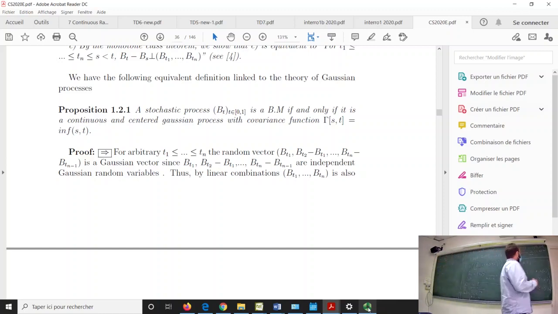So the mean will also be 0. Why? Because I know that the expectation of all of them is 0. I have the convergence in L2, as I have proved previously, so I have the convergence in L1. And so the expectation of I of f will be the limit of the expectations of the In of f, which are all equal to 0.